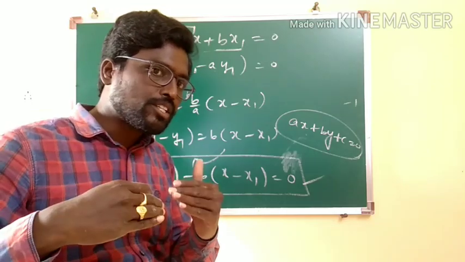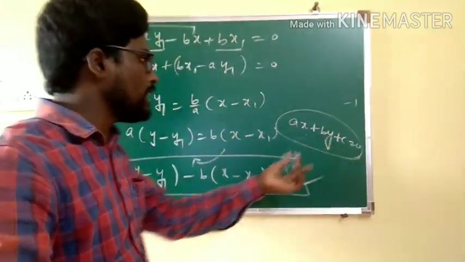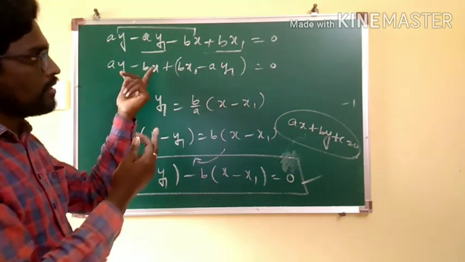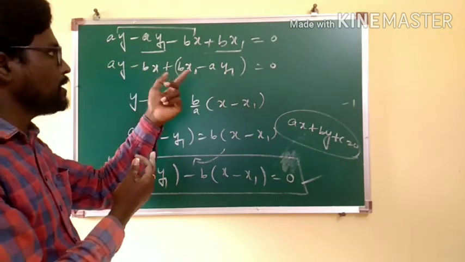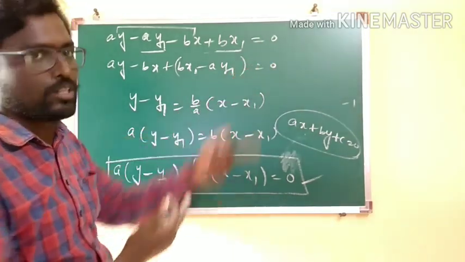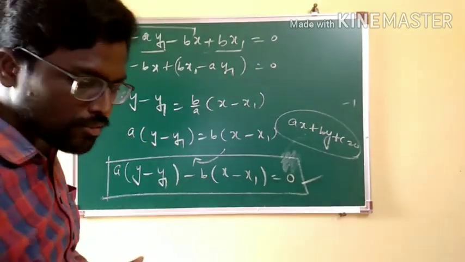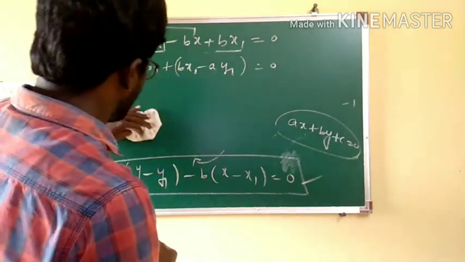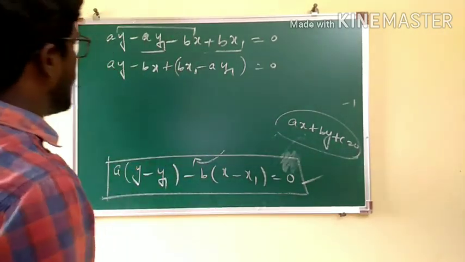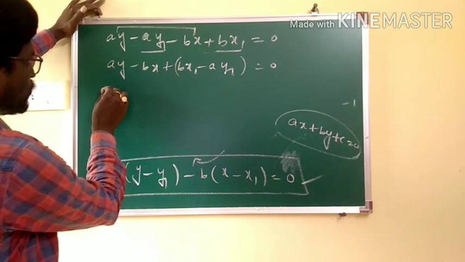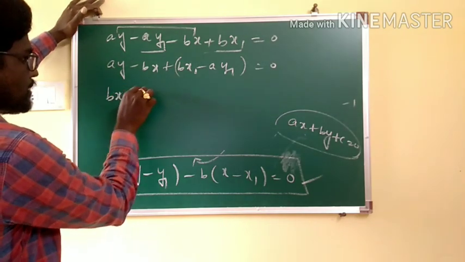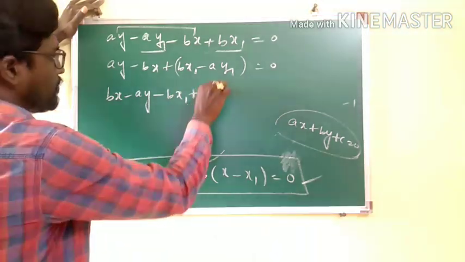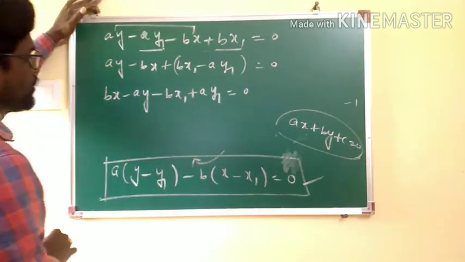Therefore, the line which is perpendicular to this line is in the form of ay minus bx plus bx1 minus ay1 equal to 0. Otherwise, we can write it like this. I am just taking the minus common factor, so that we get bx minus ay minus bx1 plus ay1 is equal to 0.